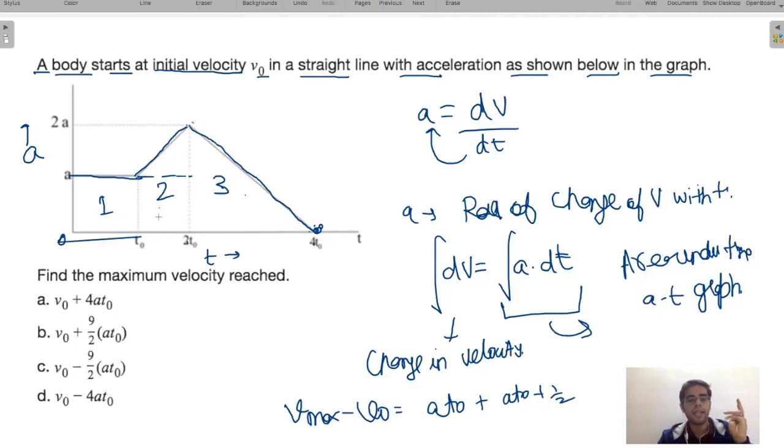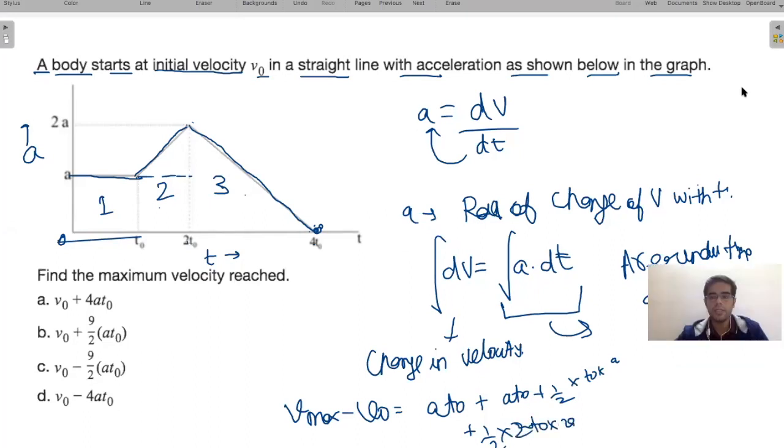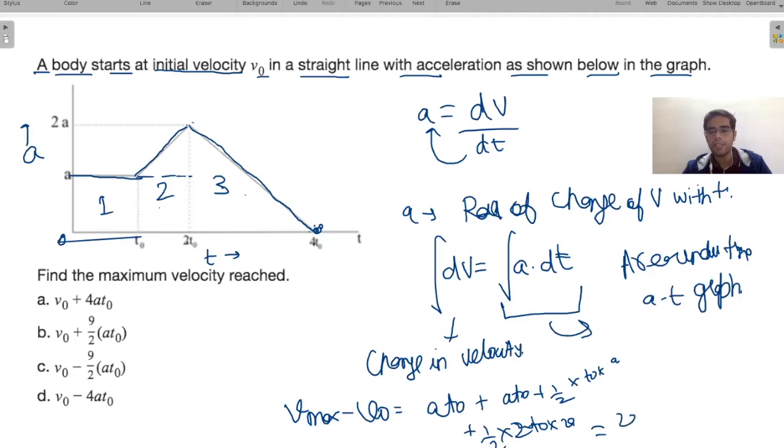So area of rectangle is base into height, so length into breadth, t naught into a, plus area of triangle is half base into height, so half into t naught into a, plus then area of the third triangle, which is half into 2t naught into 2a. Okay, so change in velocity comes out to be 2a t naught plus a t naught by 2 plus again 2a t naught. So this is nothing but 9 by 2 a t naught. So v max comes out to be v naught plus 9 by 2 a t naught.